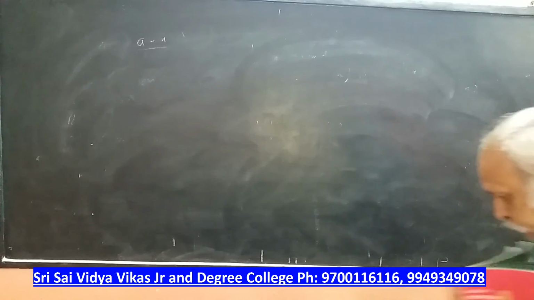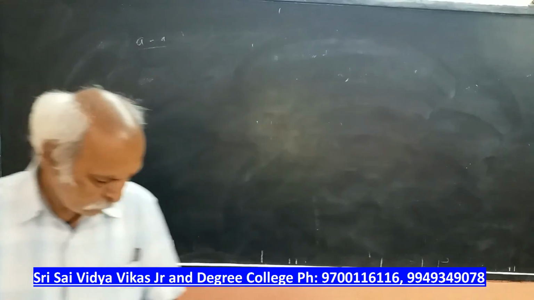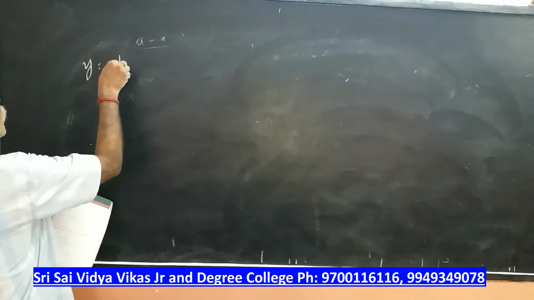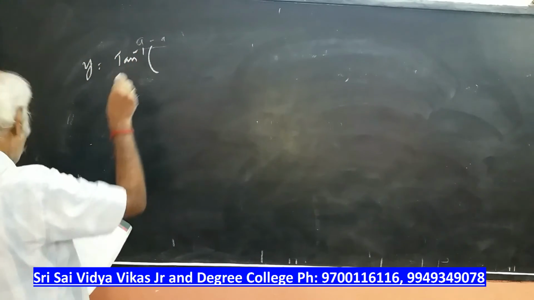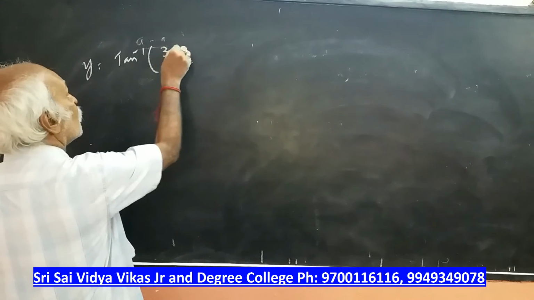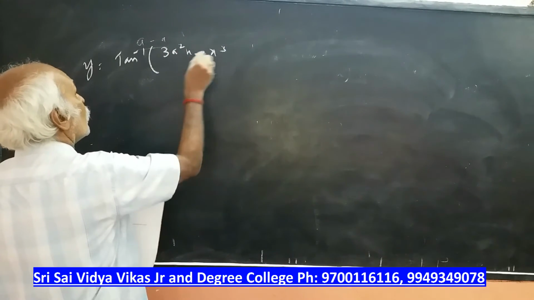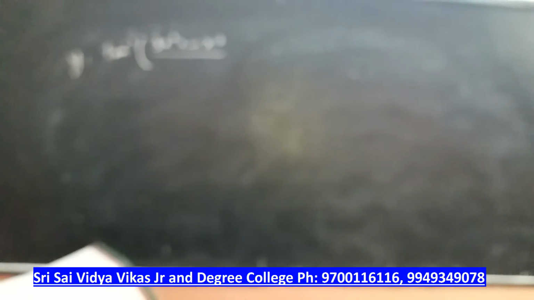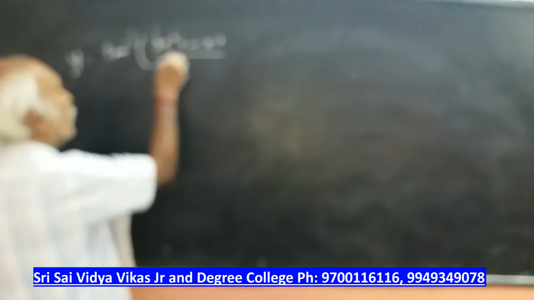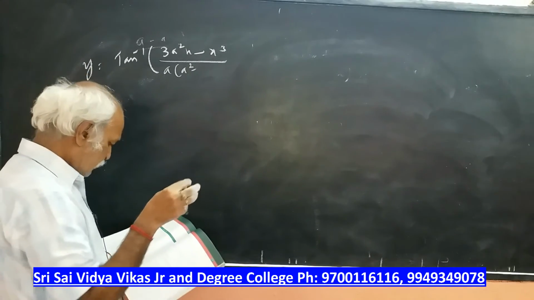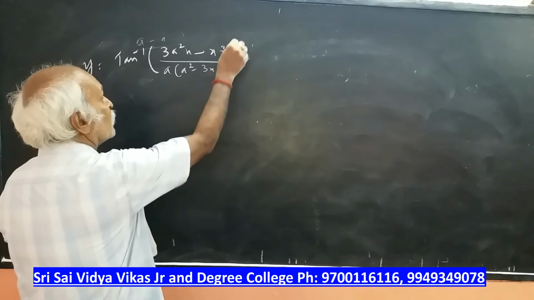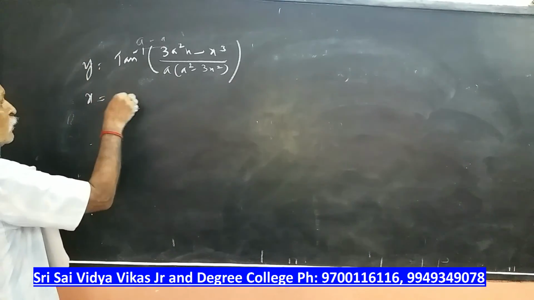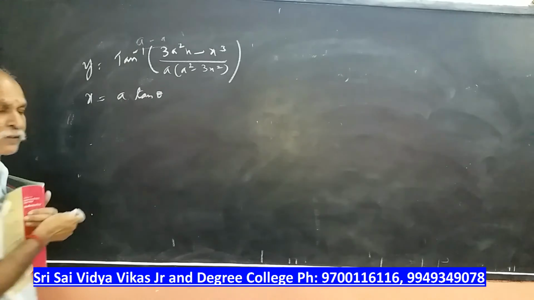Next. Tan inverse of (3a square x minus x cube) by a into (a square minus 3x square). Observe here. First, let x be equal to a tan theta.